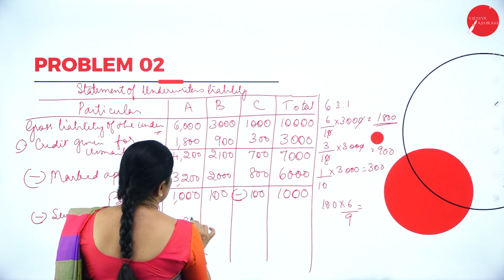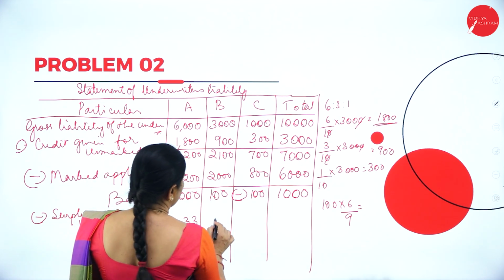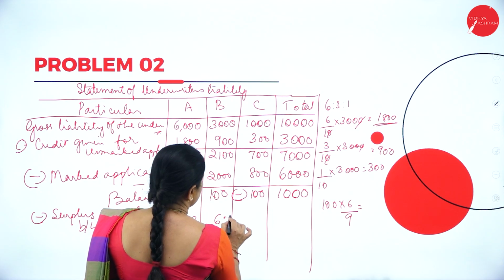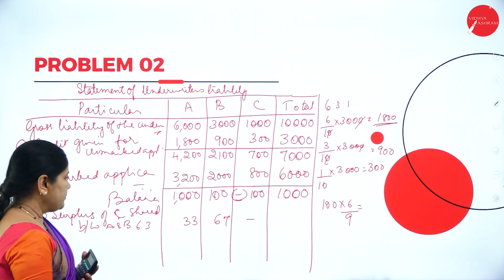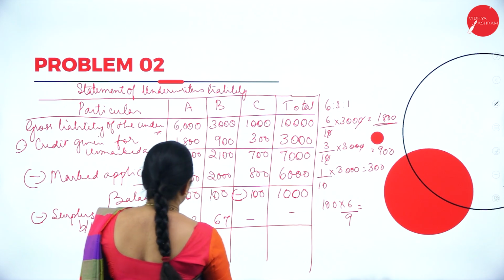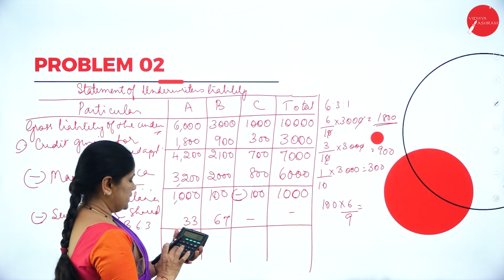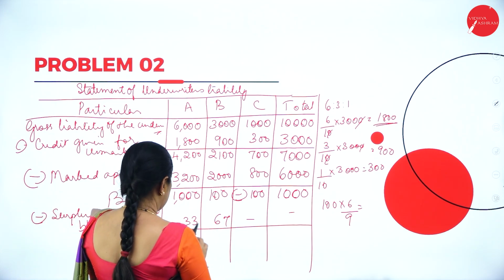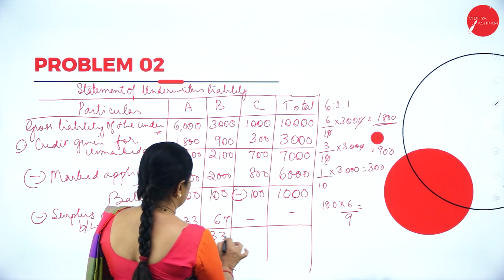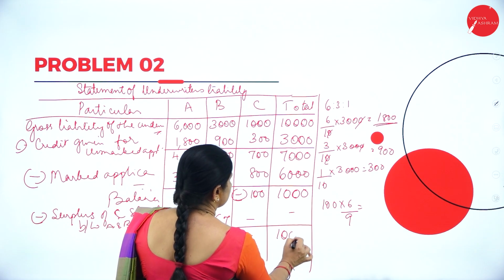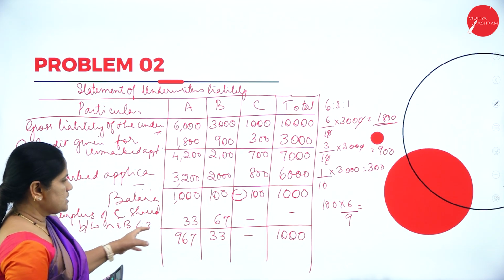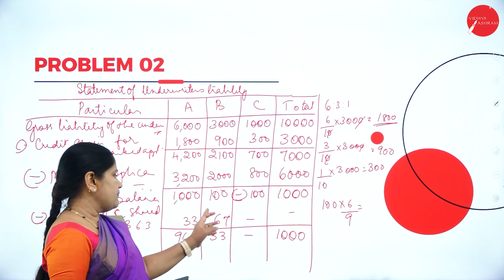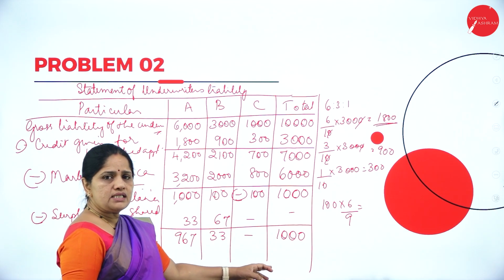So I will write it as 33 and here 100 minus 33 will be 67. So I am deducting this. So 1,000 minus 33, 967, then 100 minus 67, 33. So this again comes up to 1,000. So the surplus of C I have shared between A and B. So A gets 967, B gets 33 and total is 1,000.